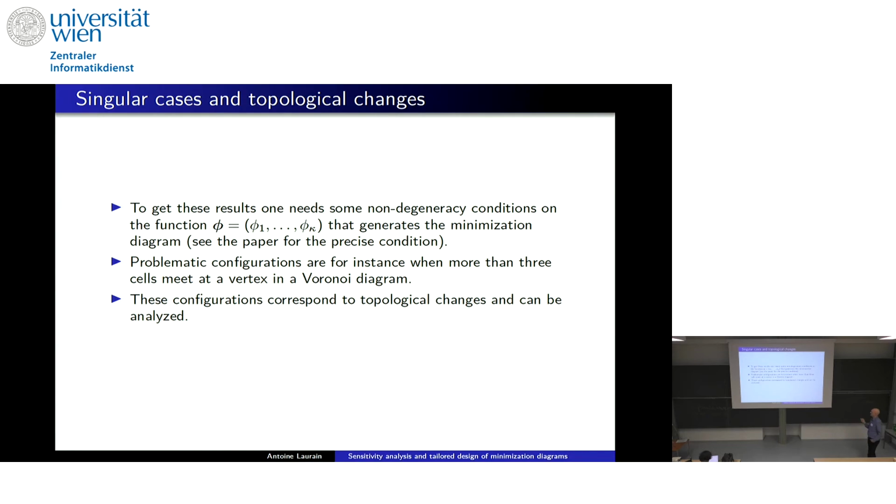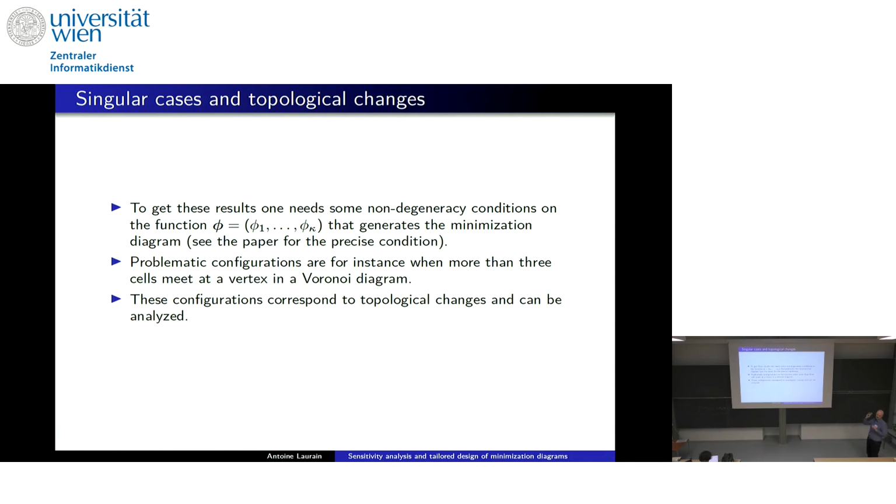Okay, so now I want to briefly discuss something that I did not talk about until now, which is that all these results are valid if you have some non-degeneracy condition on the function phi. It's the same as in the level set method. In the level set method, the gradient of your function phi cannot be zero on the interface, obviously, because otherwise it makes like a thick interface.